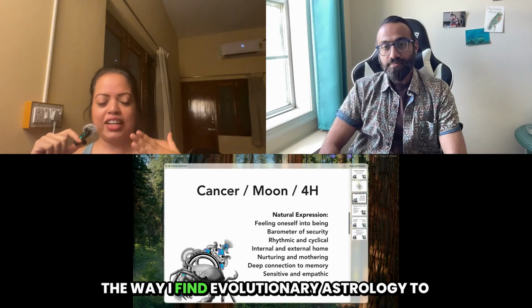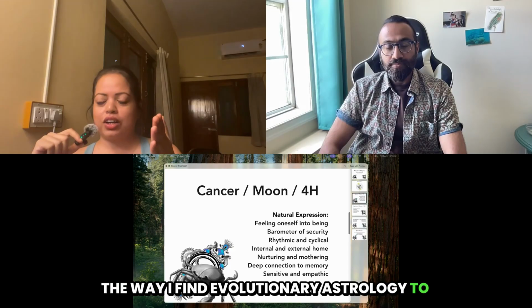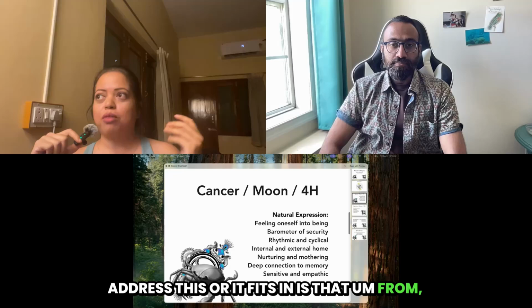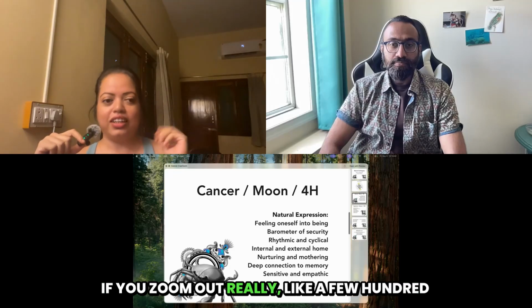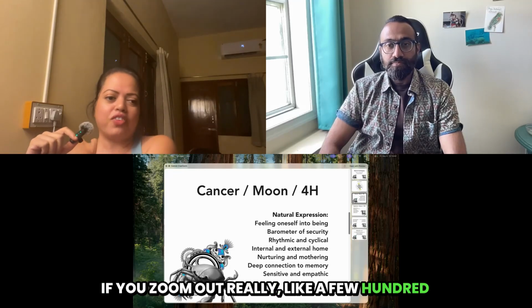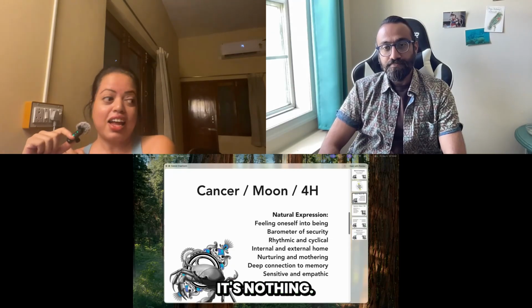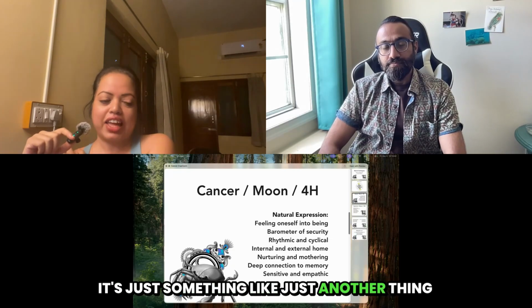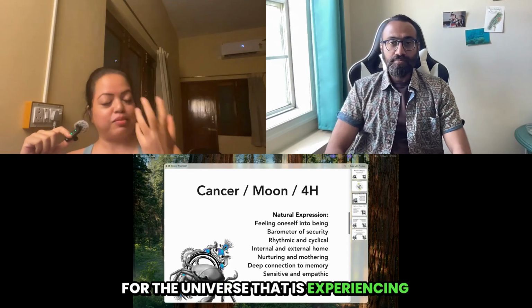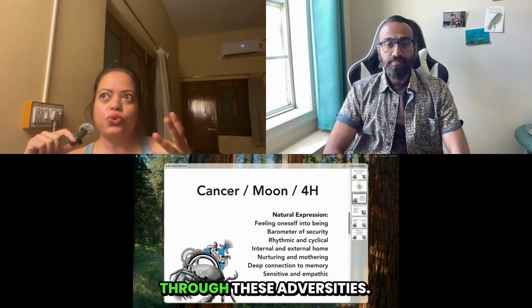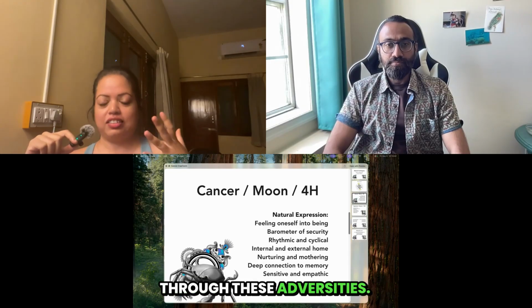The way I find evolutionary astrology fits in is that if you zoom out, a few hundred years of capitalism is a blip, right? It's just another thing for the universe that is experiencing itself through us, to discover how we get through these adversities.